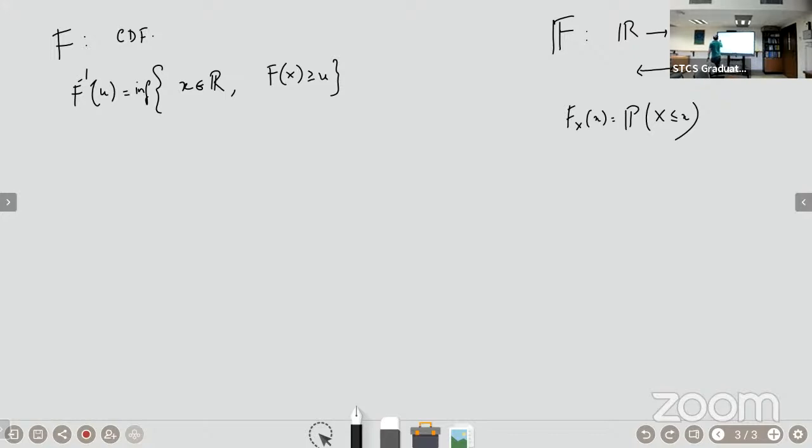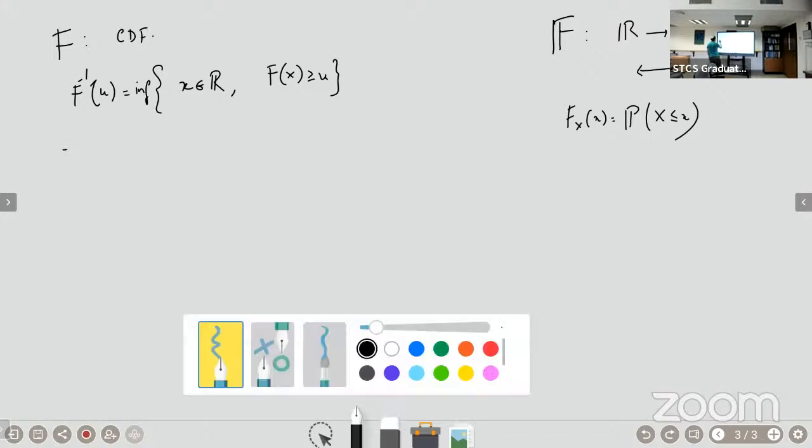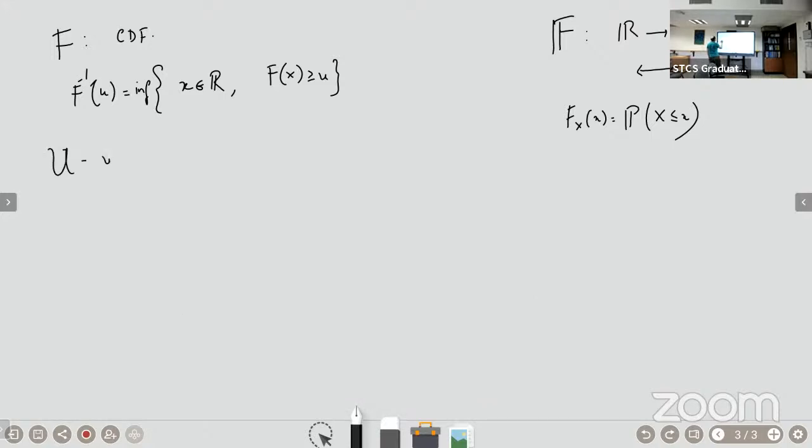Now think of U, capital U, the uniform random variable. What do you think I'm playing at now?